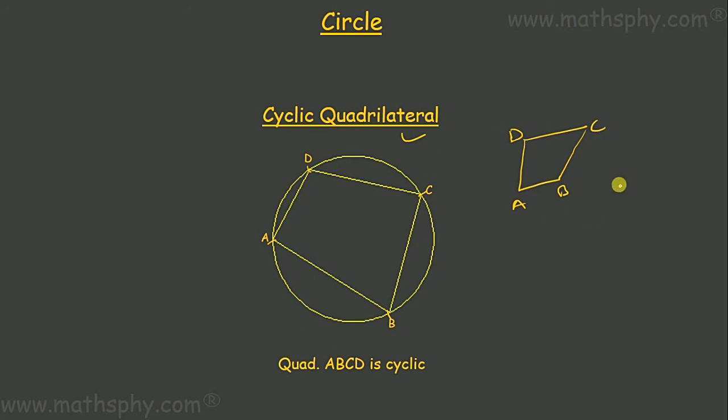However, in this quadrilateral, we don't have any circle involved. So when we have a quadrilateral where all the vertices are sitting on the perimeter of a circle, that quadrilateral is called a cyclic quadrilateral. In this case, quadrilateral ABCD, all these 4 points are sitting exactly on the perimeter of the circle. So this quadrilateral ABCD is a cyclic quadrilateral.